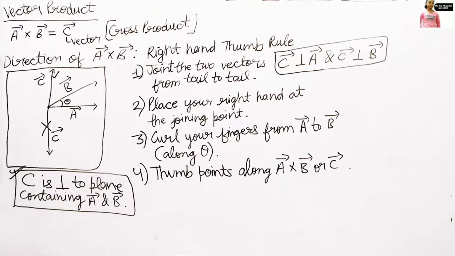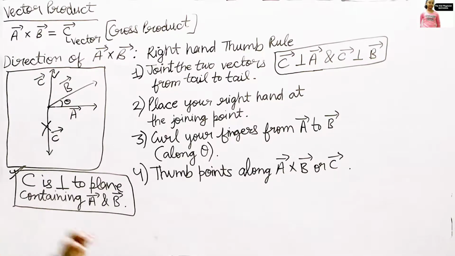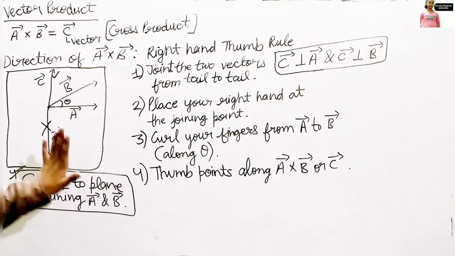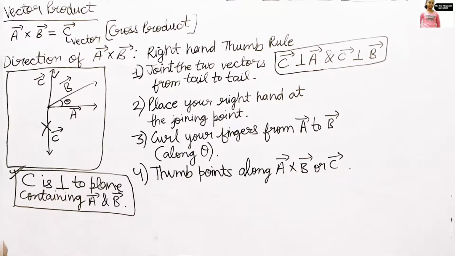Okay, actually C is perpendicular to the plane containing vector A and vector B, because if it is perpendicular to vector B and vector A, then vector C will be perpendicular to the plane containing vector A and vector B.